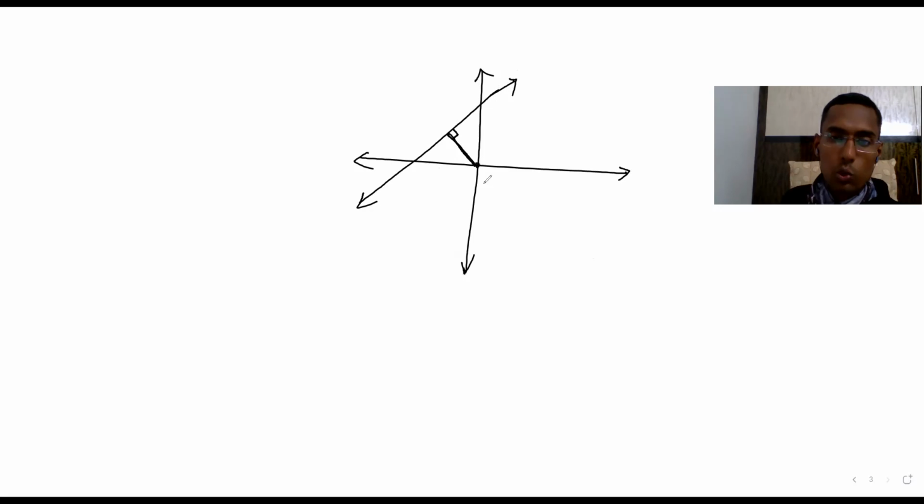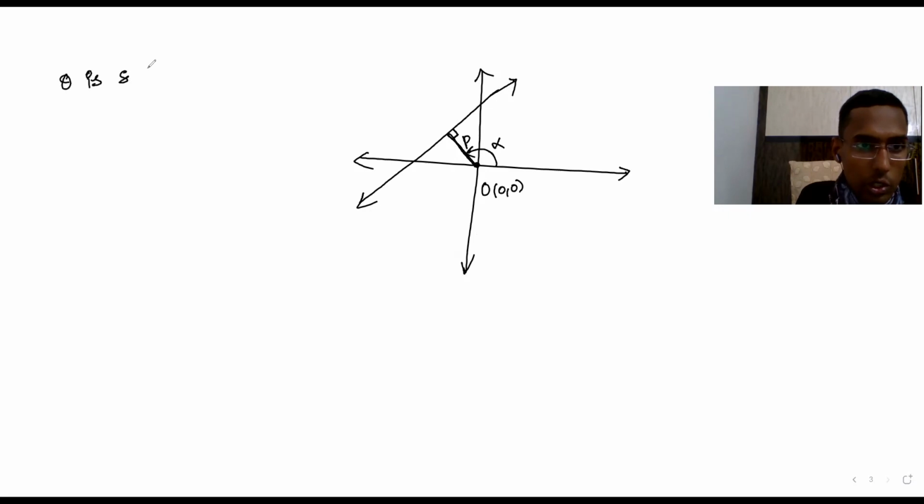If you draw like this, two things will be clear from here. One is the perpendicular distance. Another thing is this, which in this case is alpha. Theta is the slope, theta is the inclination. When theta is the inclination, theta can be 0 to 180 degrees. I already discussed this.